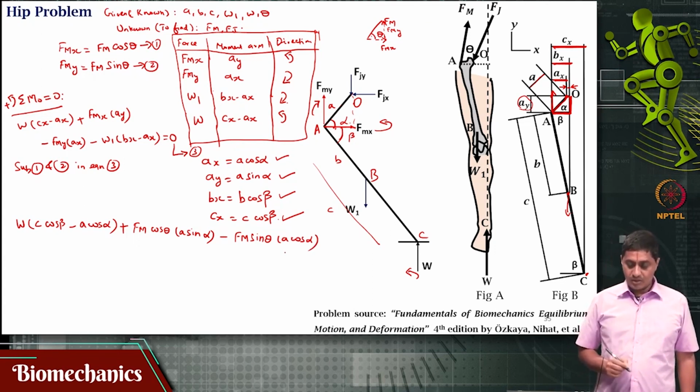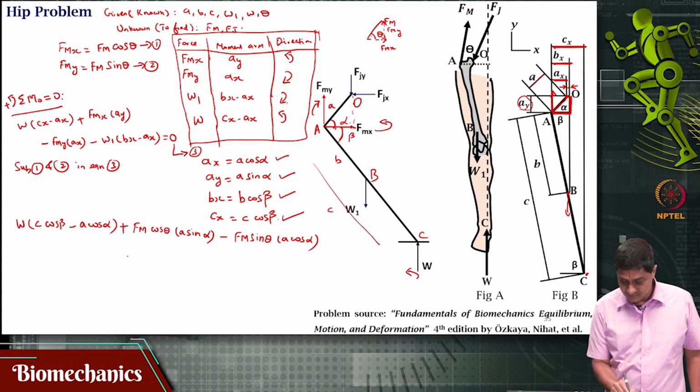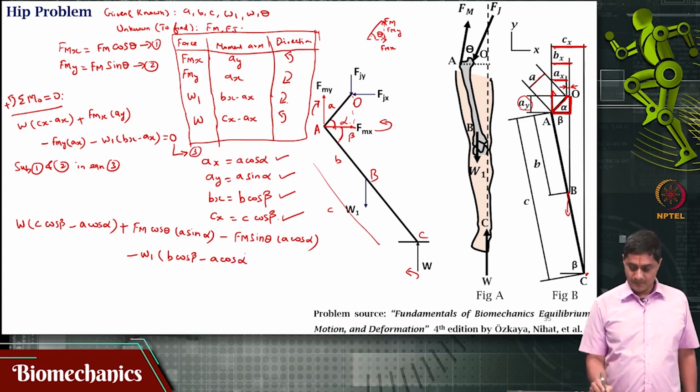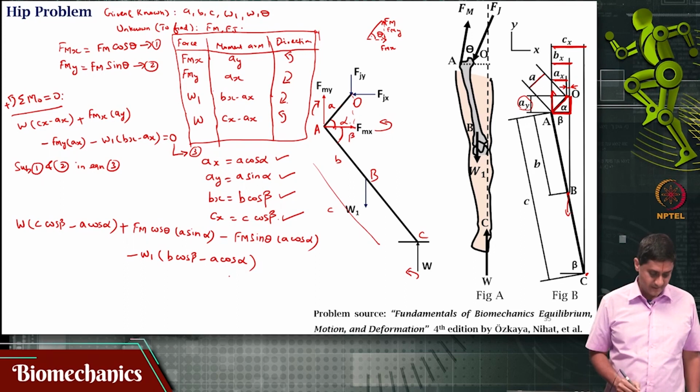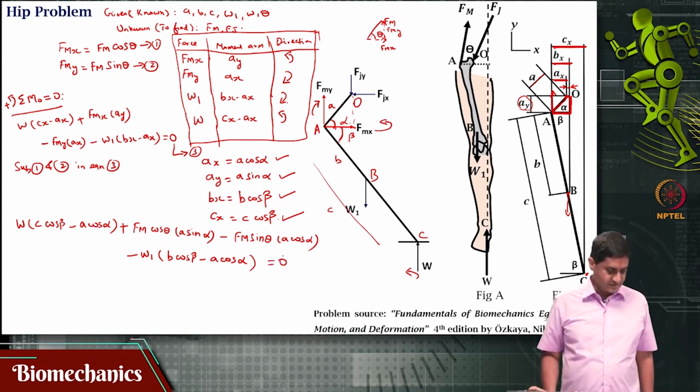The answer is no. There is one more thing: minus W1 times Bx minus Ax. Bx is B cos beta, minus Ax, where Ax is A cos alpha. This whole thing is 0.